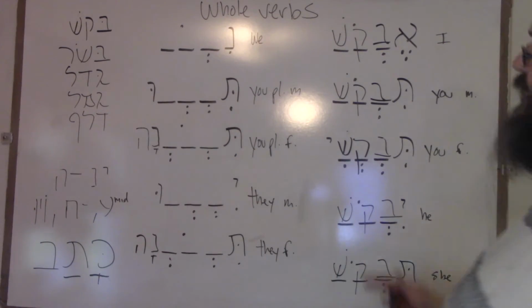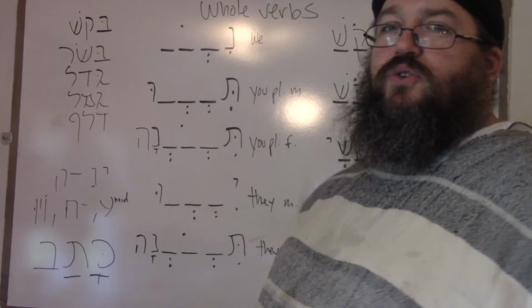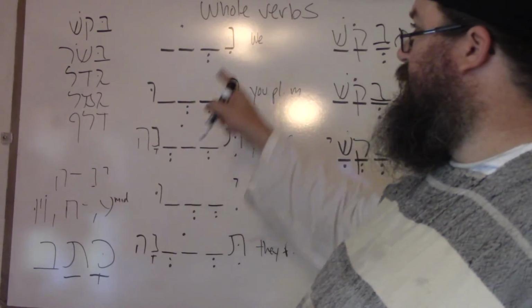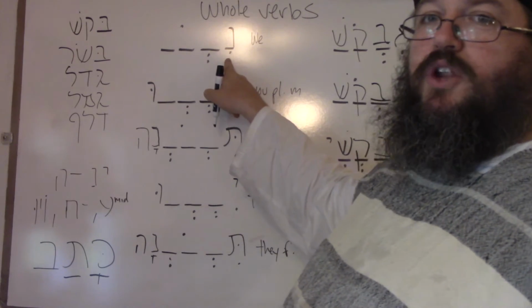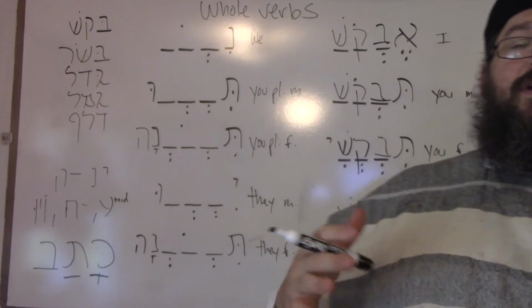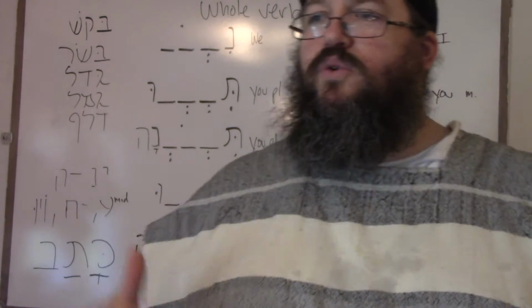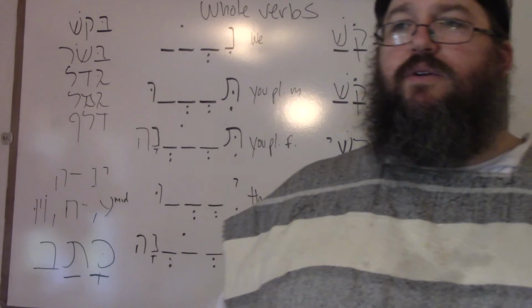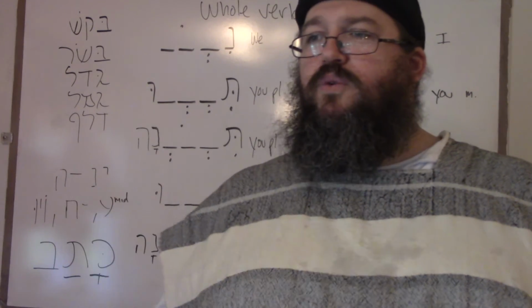All right? Now we're going to go to the plural forms. The plural forms, we're going to see here, begin with a nun. We have to think of the nun as something that's connected to the word anachnu, we. Anachnu, nu. You hear that nu sound? That's we, anachnu, we.